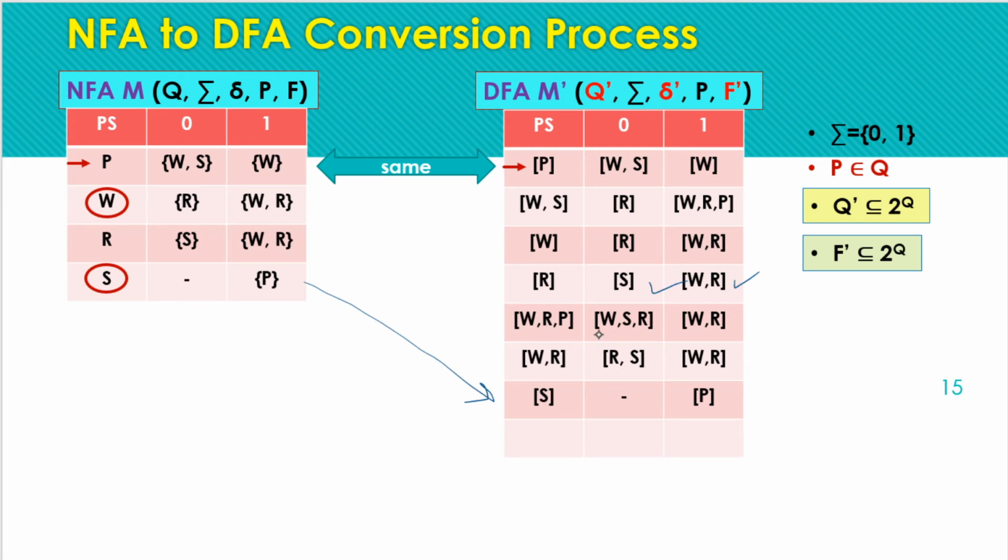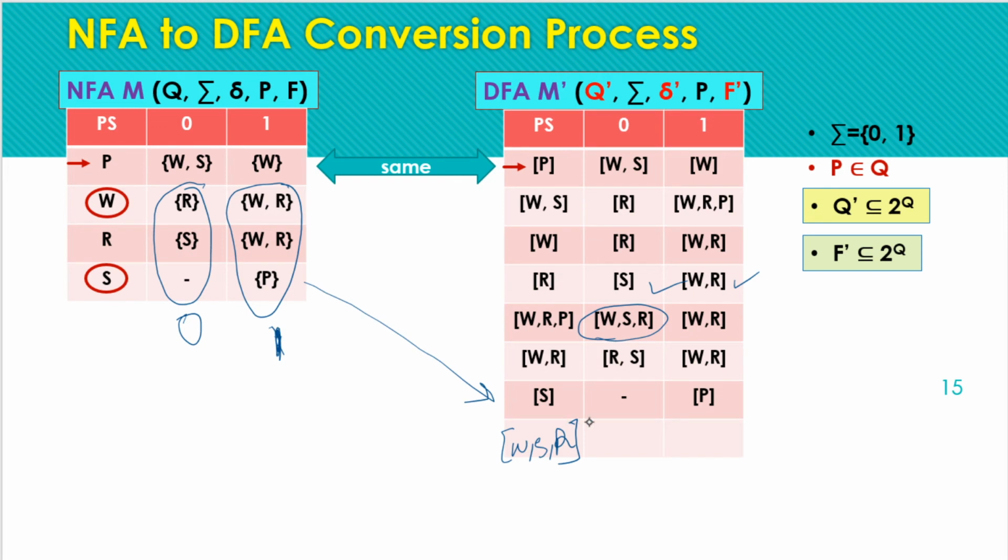Next new state is WSR. So now we have to find out the transition for W, S and R like this. Okay, so for W, S and R we have to perform union of this, and also we have to perform union of this for input symbol 1. This is for input symbol 0. So this union is for input symbol 1.